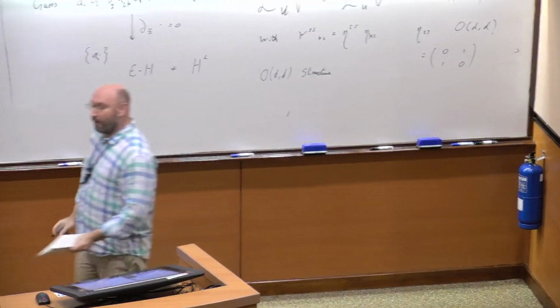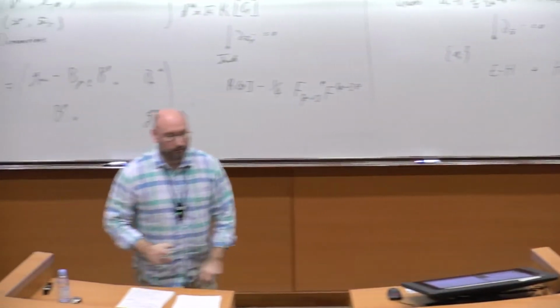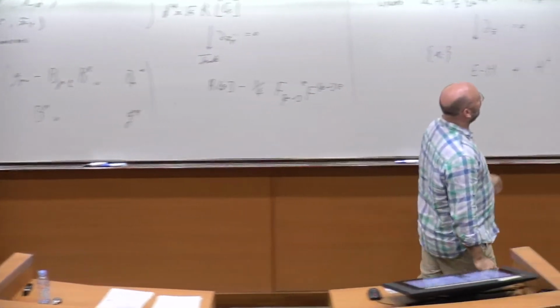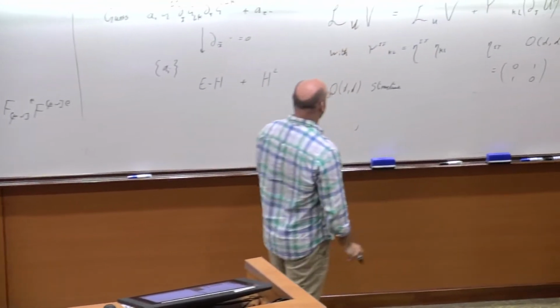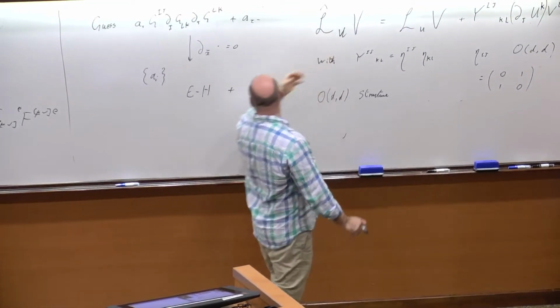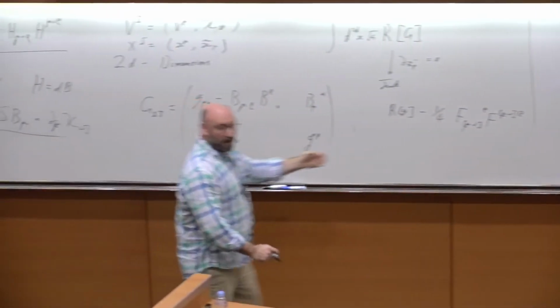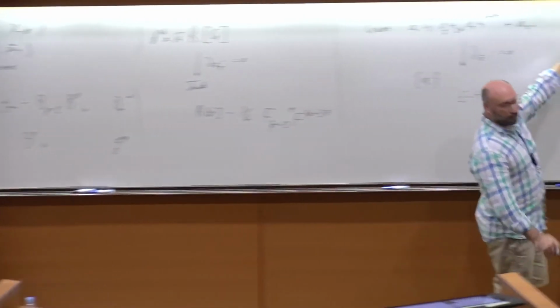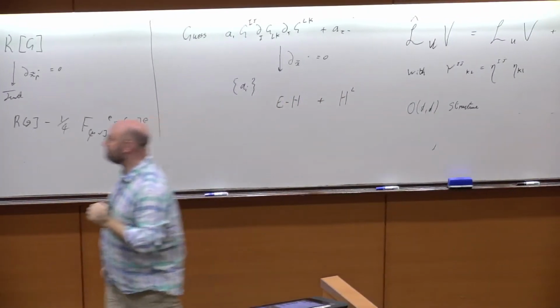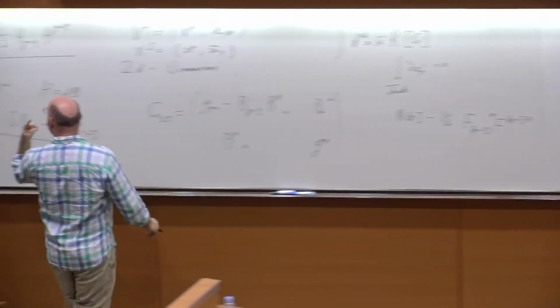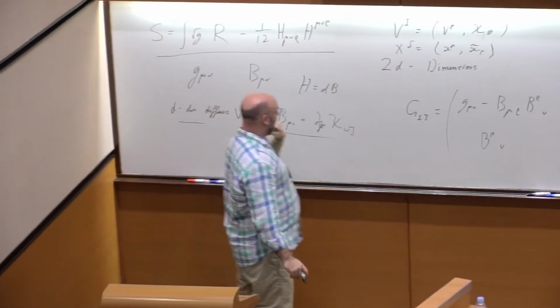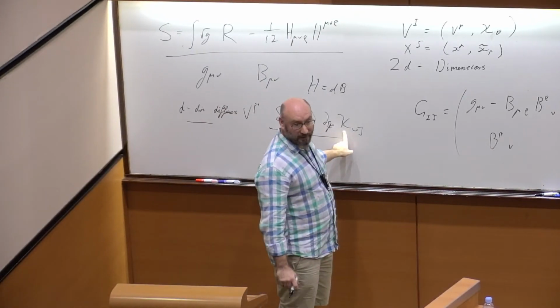So now we've got what the infinitesimal transformations are, as generated by some generalized vector field. And then what you check is that if you act on the generalized metric via this generalized diffeomorphism, you reproduce d-dimensional diffeos and the correct two-form gauge transformations.